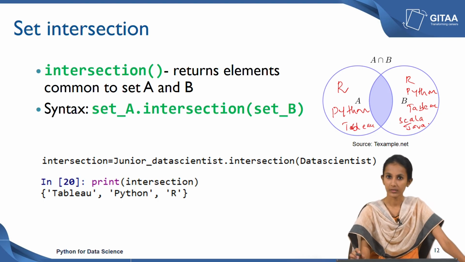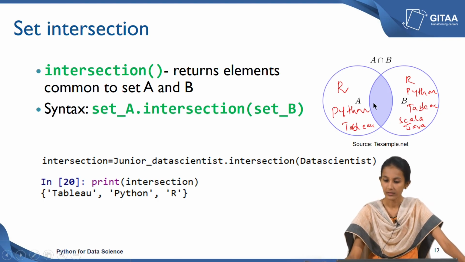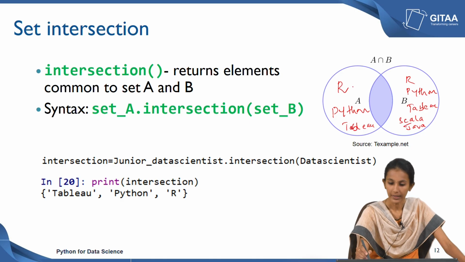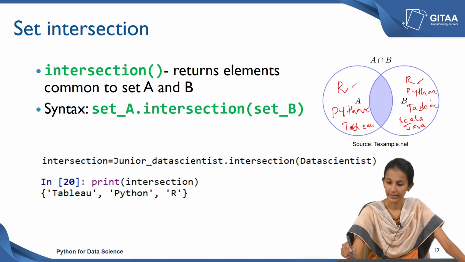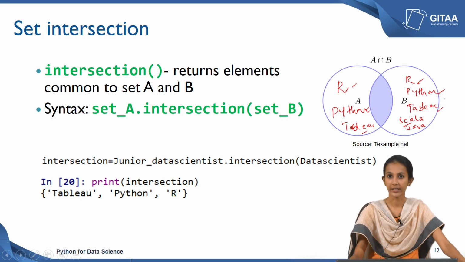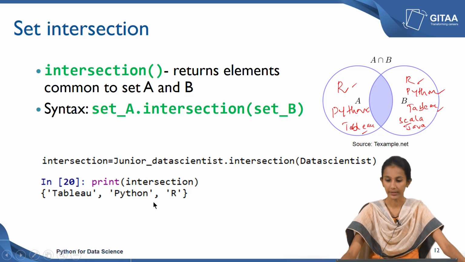When you look at both sets, R is common, Python is common and Tableau is common. So it returns the elements common to both sets. When you print intersection, it prints Tableau, Python and R.